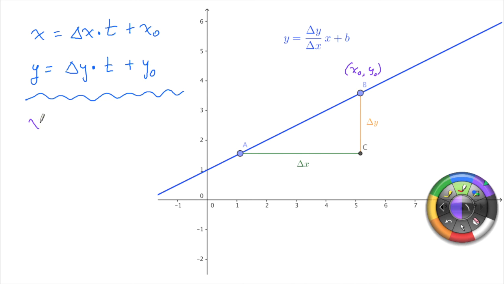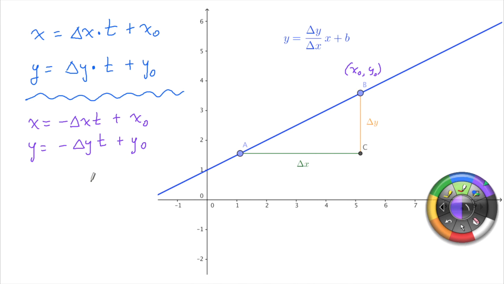So then we would have x is equal to negative change in x t plus x sub 0 at the B coordinate, and y would equal negative change in y of t plus y sub 0.